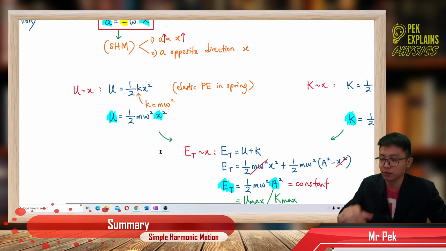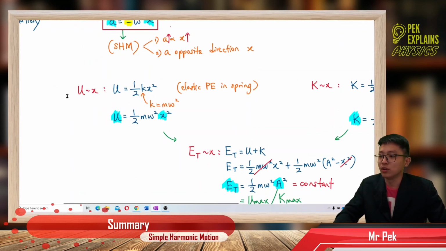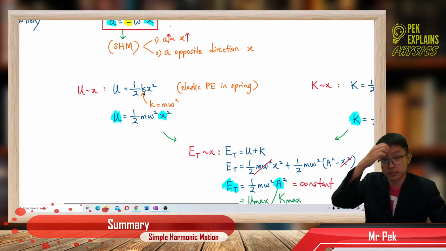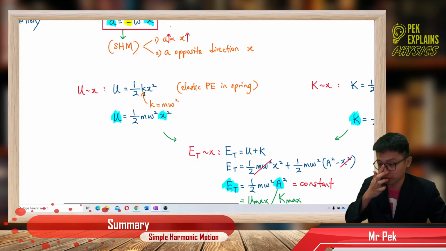Now, the elastic potential energy in the spring is half kx square. Here, k is the spring constant. This spring constant is equal to m omega square, which is derived from another formula.